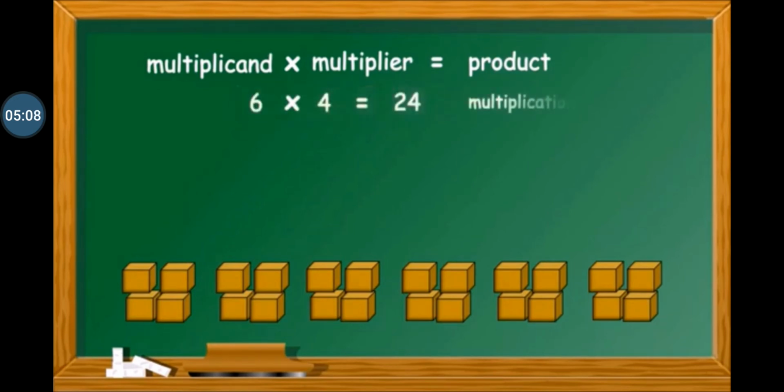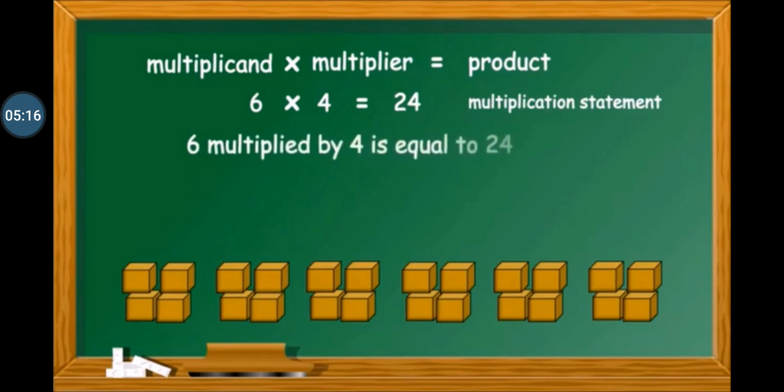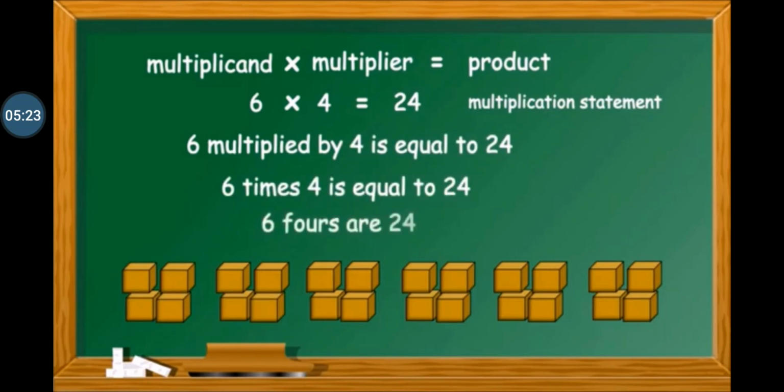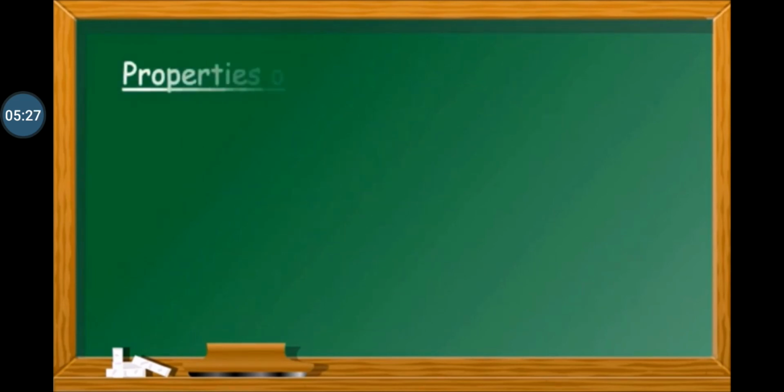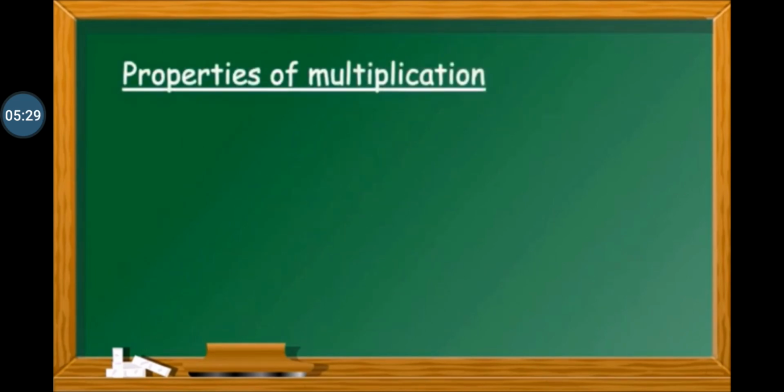And 24 is called the product, and the whole equation is called a multiplication statement. 6 multiplied by 4 is equal to 24. 6 times 4 is equal to 24. 6 fours are 24. All these are called statements.